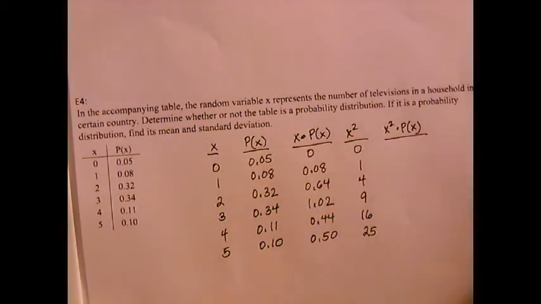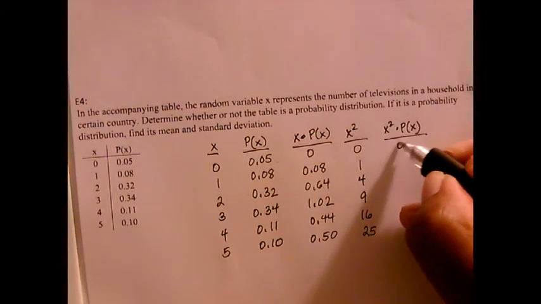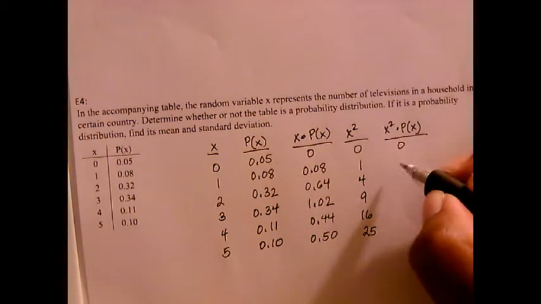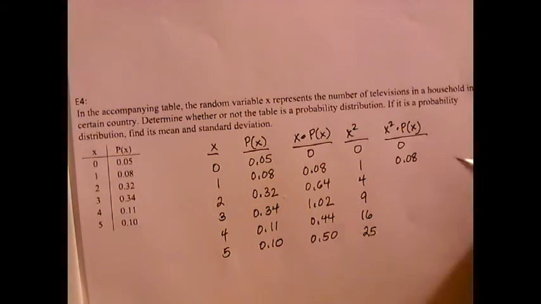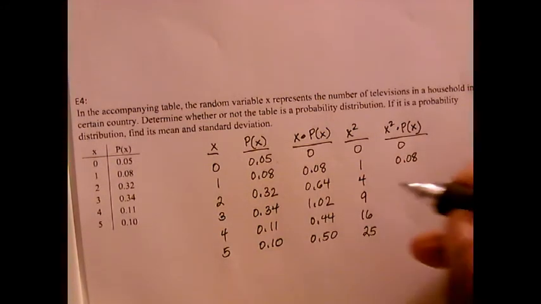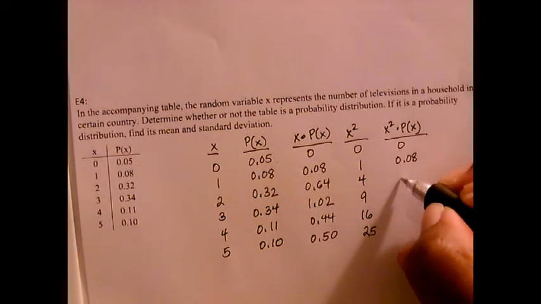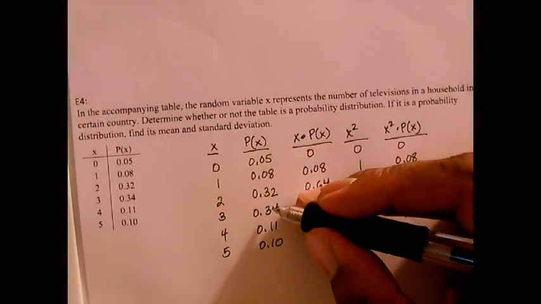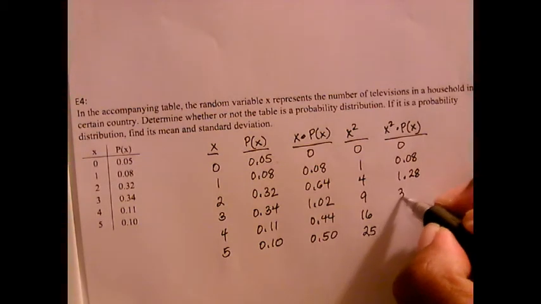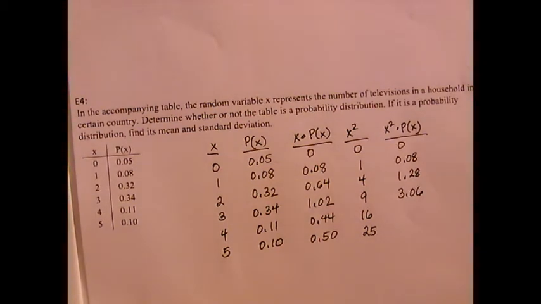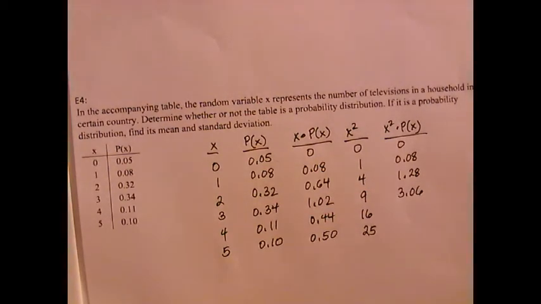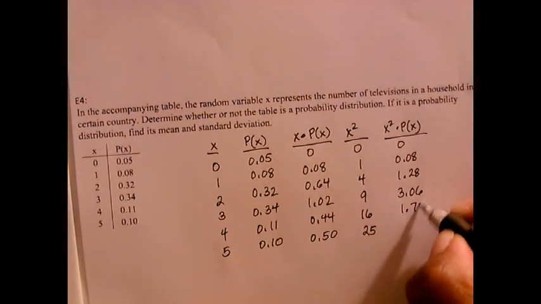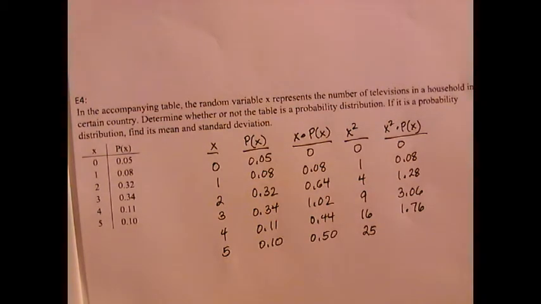So 0 times 0.05 is 0. 1 times 0.08 is 0.08. 4 times 0.32 will be 1.28. And then 9 times 0.34 will be 3.06. And then 16 times 0.11 would be 1.76. And then 25 times 0.10 will be 2.5.